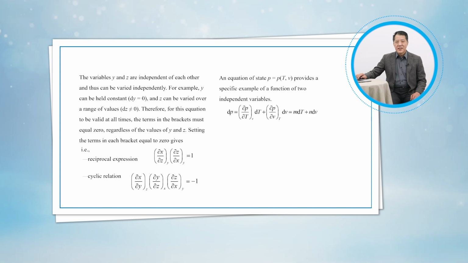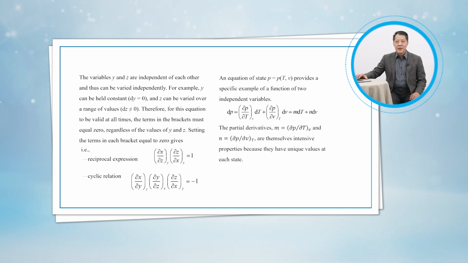An equation of state P equals P(T,v) provides a specific example of a function of two independent variables. The partial derivatives m and n are themselves intensive properties because they have unique values at each state.